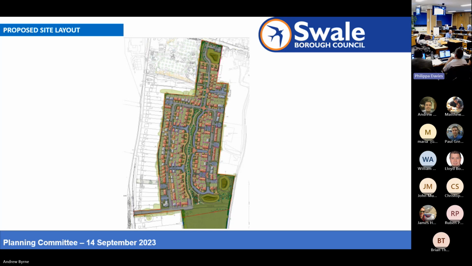So it's not as if that central spine is unavailable to any one part of the development, because it is essential within the scheme. So it is readily accessible to persons living both east and west of that spine. So on that basis, matters pertaining to access and connectivity are found to be acceptable. Thank you, Chair.